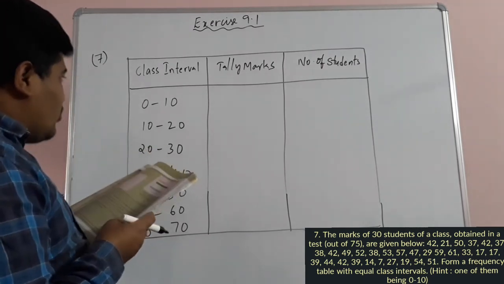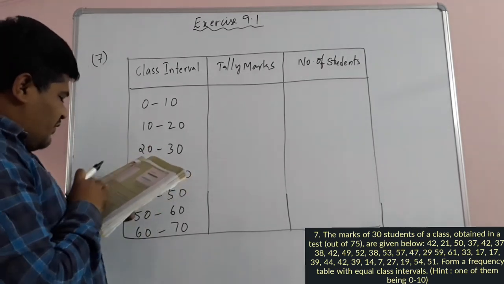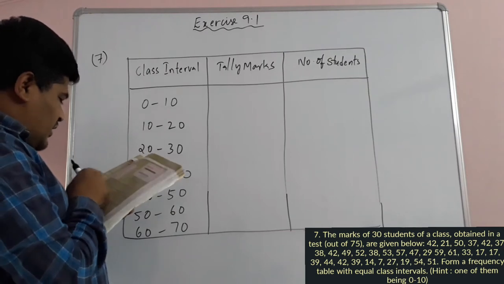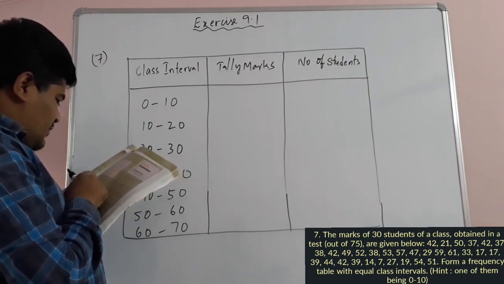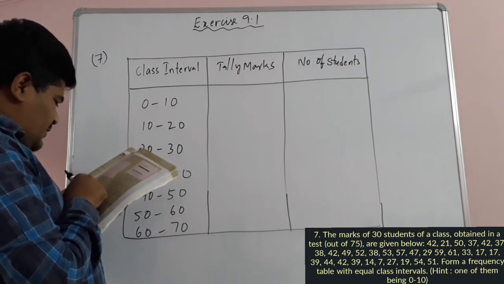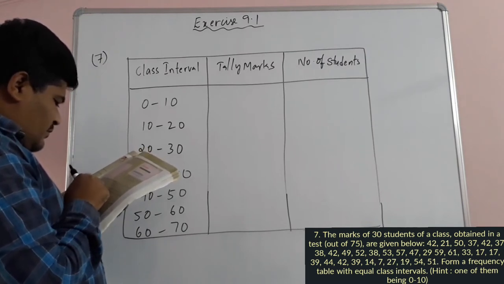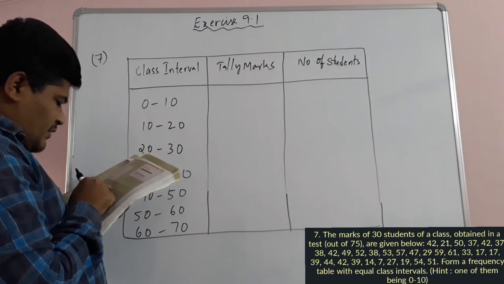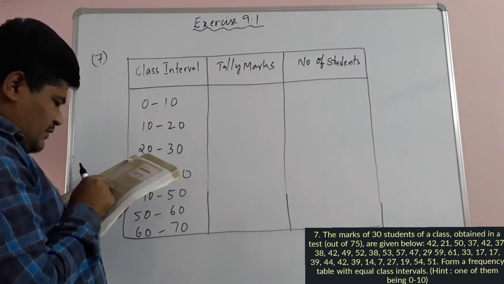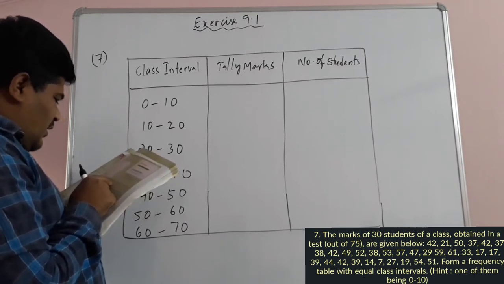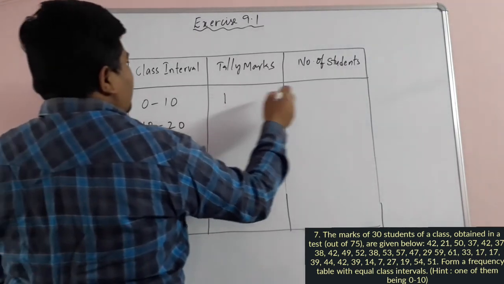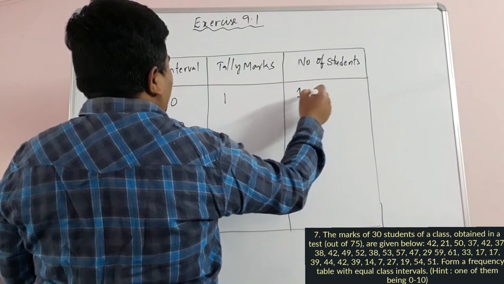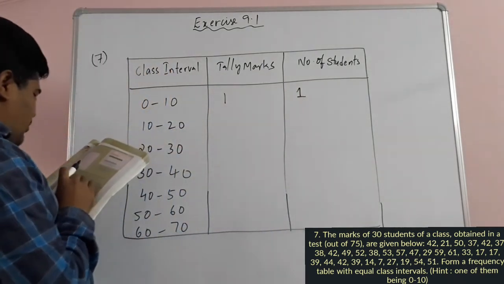Here from 0 to 10, whatever observations are there, we have to count, children. Okay, now see the observations. 7 is there, one observation. All are having 2 digits only. So only one observation is there. So 1 tally mark we will take, and here the number is 1. Now from 10 to 20, how many observations are there?